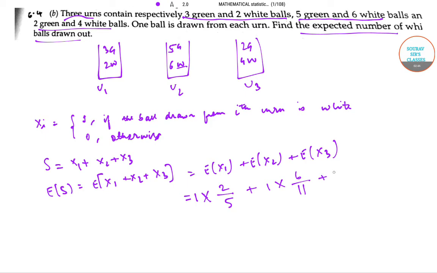And similarly for the third urn, 1 into 4 by 6, since we have 4 white balls and a total of 6 balls.